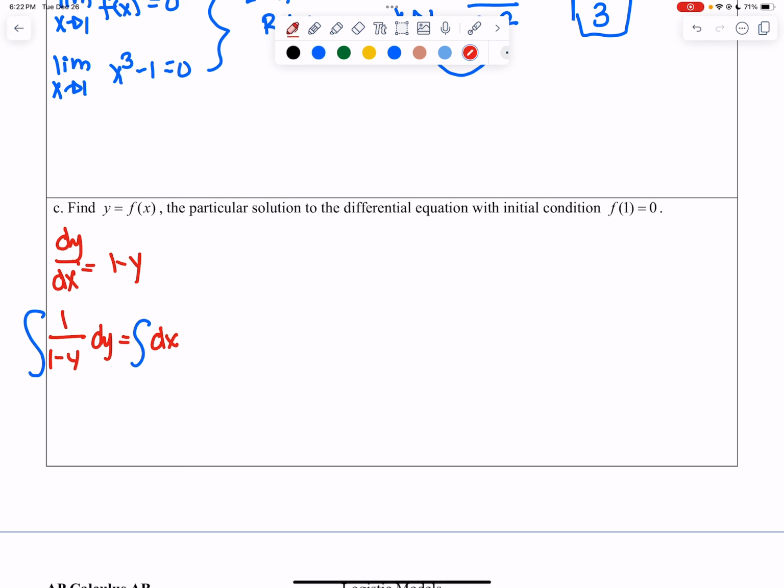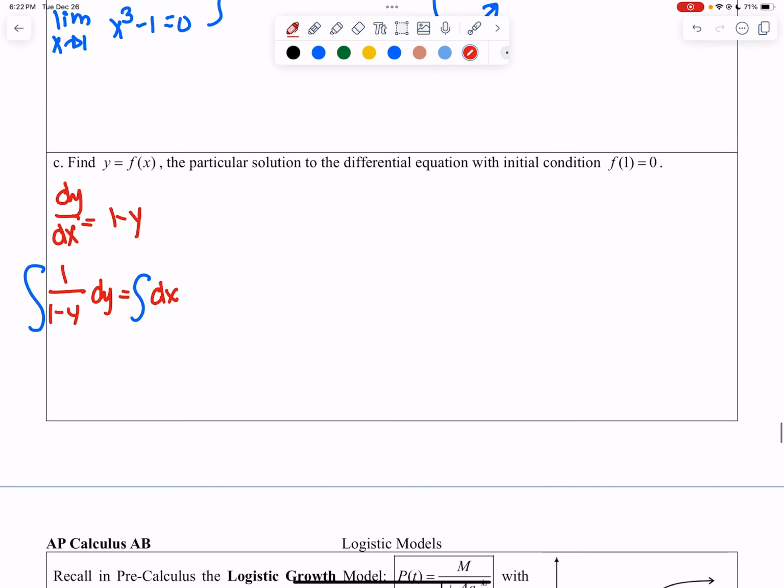Now, this is important because if you are going to use u substitution, make sure that you actually use u substitution. Notice how your y is negative because you have a minus y. Since you have your minus y, this means that your du is going to be negative. So make sure that you have a negative right here, because over the last couple of FRQs I've seen, you guys keep on forgetting about this negative.